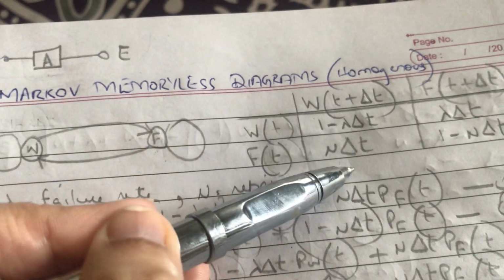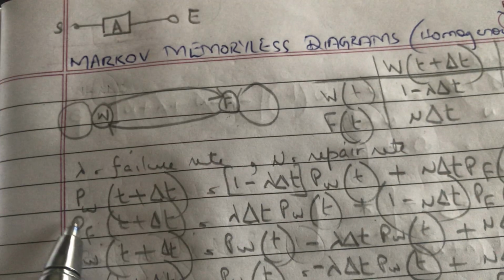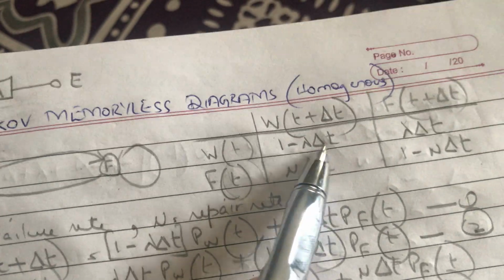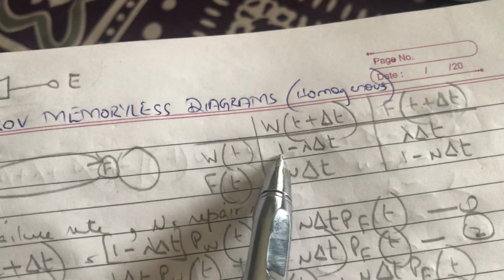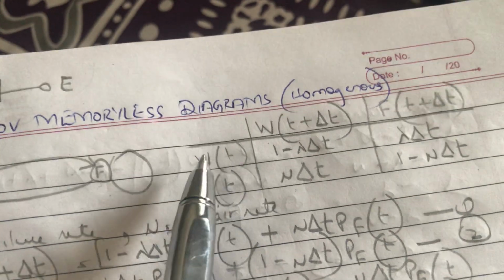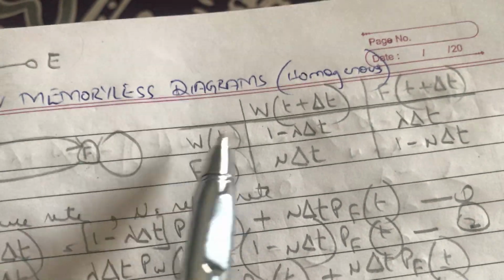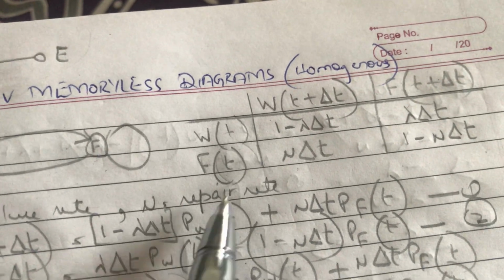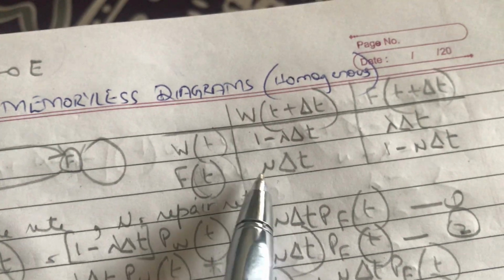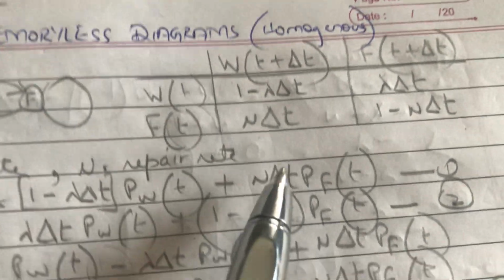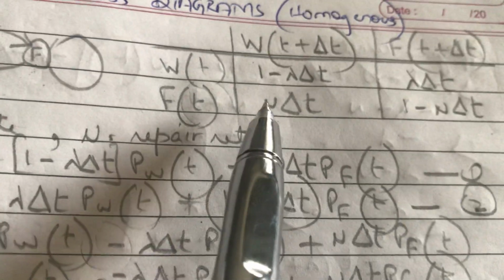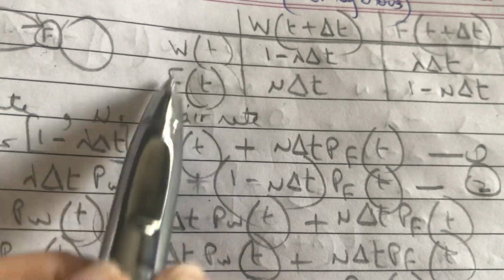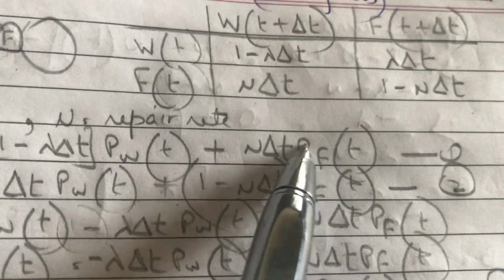So when we are in the working condition, 1 minus lambda delta t, and it is the probability of the working condition, PW of t, plus the other one, mu delta t, and where it is here, the probability of the failed condition, PF of t.